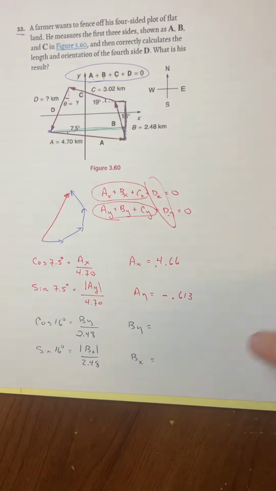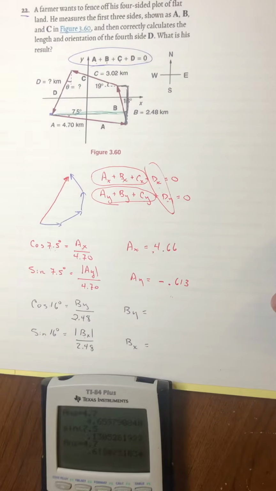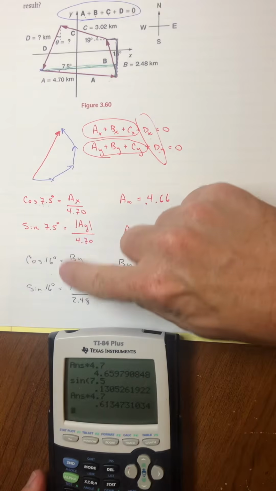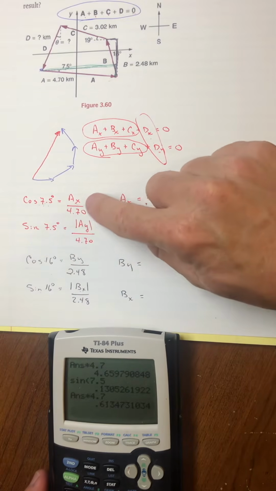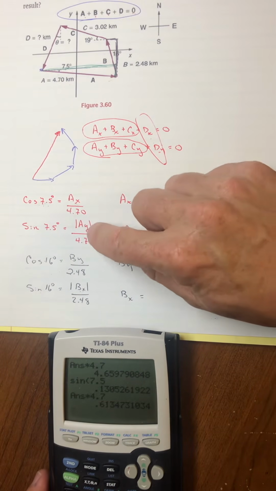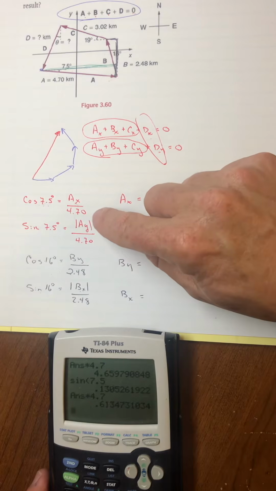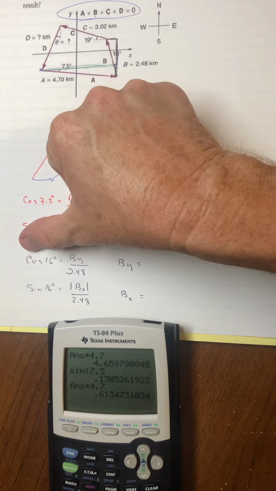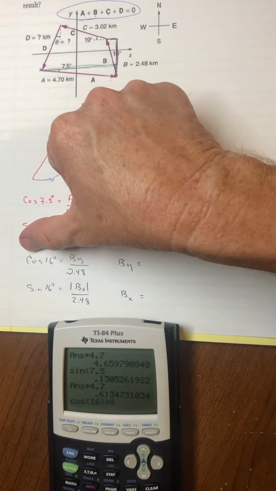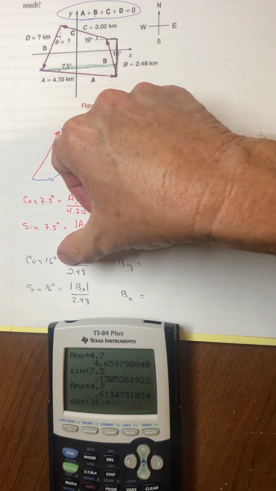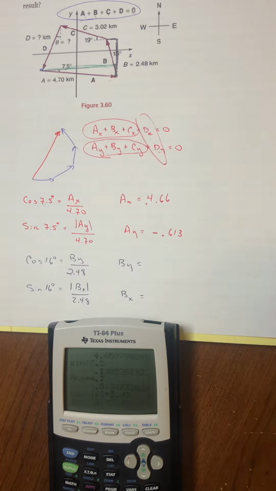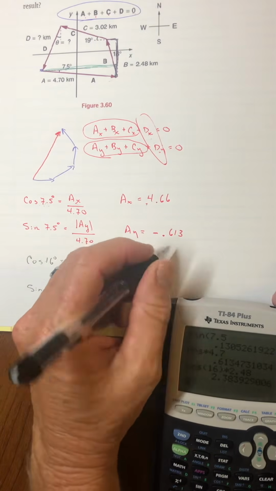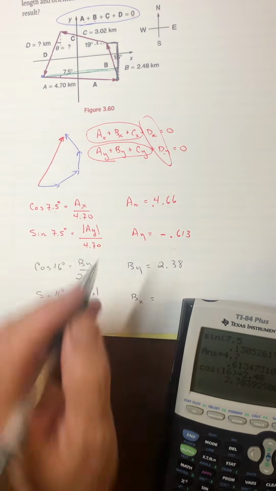All right, so with that in mind, you'll see that the sine and cosine might be the reverse of what you thought they would be. Because you've always been measuring from the x-axis like we did for A, but for B it's reversed. All right, so let me take the cosine of 16 degrees and multiply it by 2.48 and come up with 2.38.